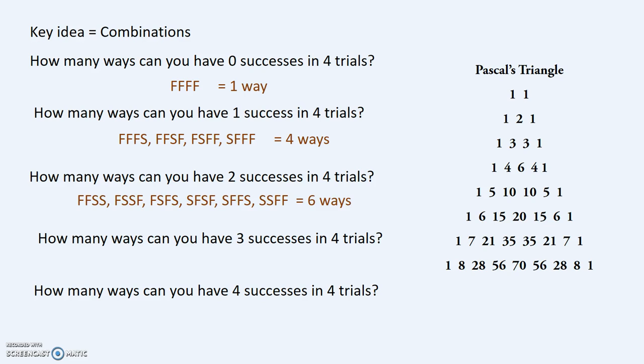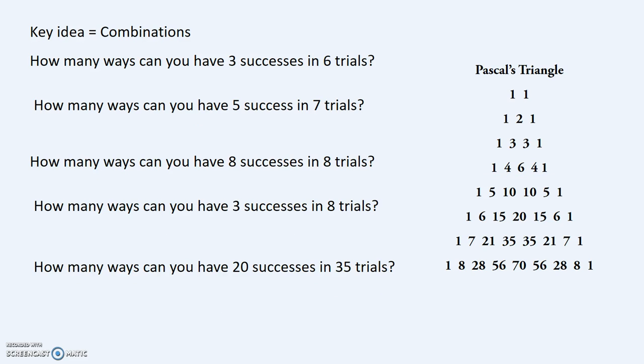Well, there they are. There's 6 different ways. How many ways can you have 3 successes in 4 trials? Like that. So it's the same as 1 success. And how many ways can you have all 4 successes? Well, only one way. And you'll see these numbers here, 1, 4, 6, 4, 1. That's these numbers here, 1, 4, 6, 4, 1.